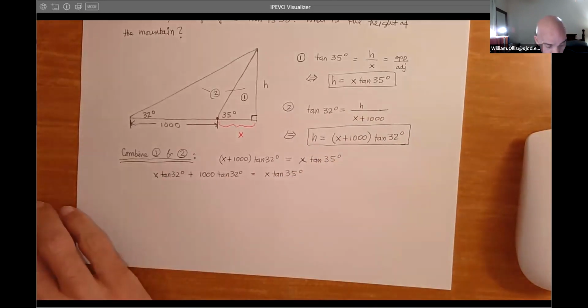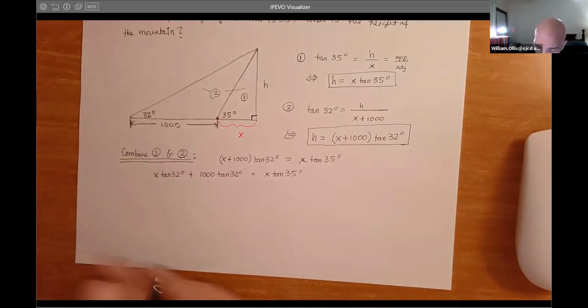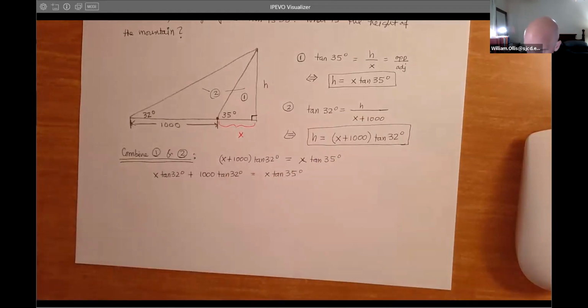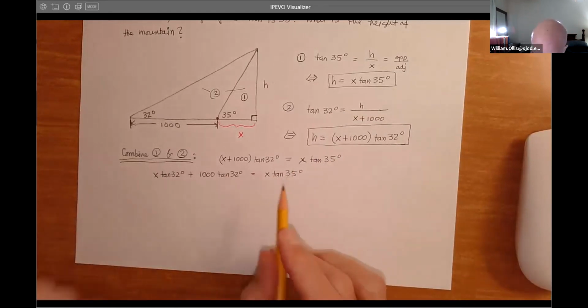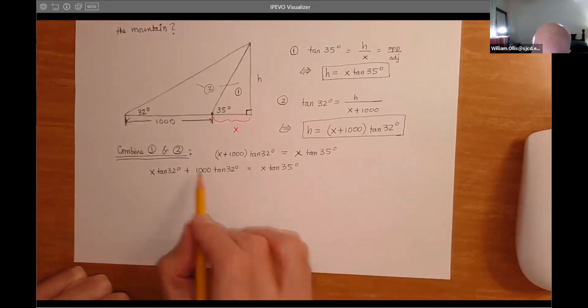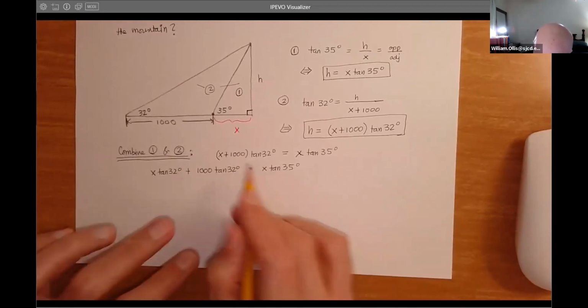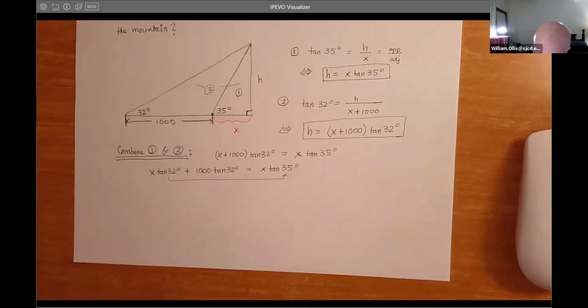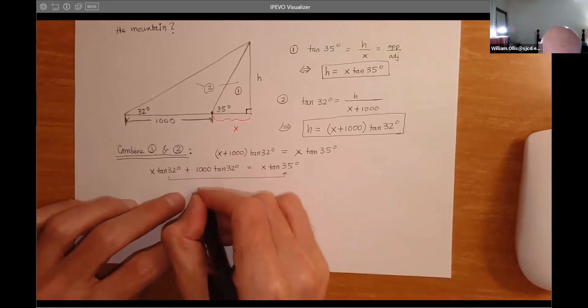Now, what we want to do is get all of our x's on one side. Here's something that I've noticed. If we leave this here and take this over, we don't have as many negative signs. So let's just take this over because it has an x and leave the non-x on the left-hand side.